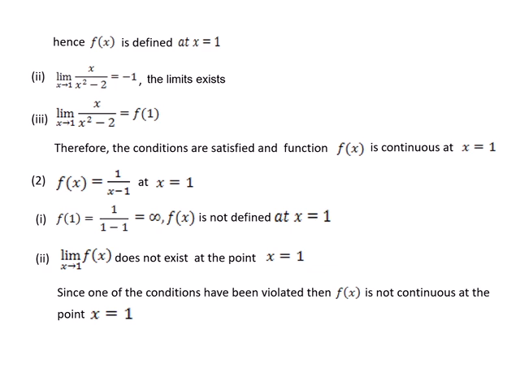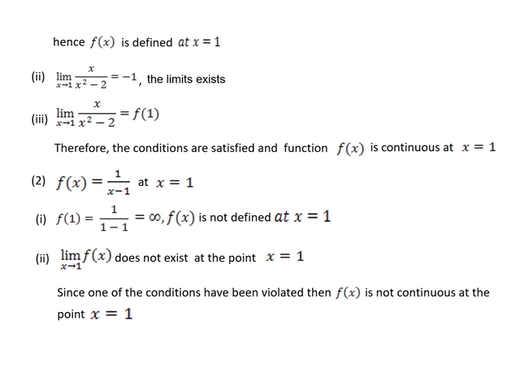And the last one, where we have the third fact, we see that the limit of x over x squared minus 2 as x approaches 1 is equal to f of 1. So therefore the conditions are satisfied and the function f of x is continuous at x equal to 1.